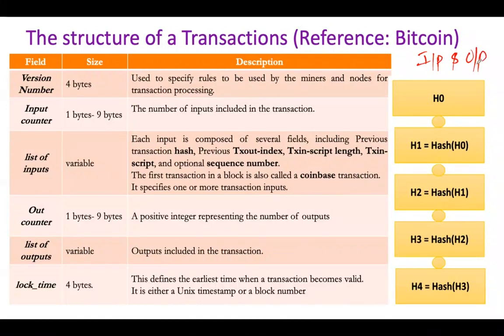The input can be thought of as coins being spent, coins that have been created in a previous transaction, whereas the output can be thought of as coins being created.